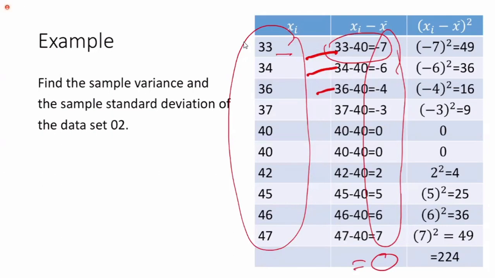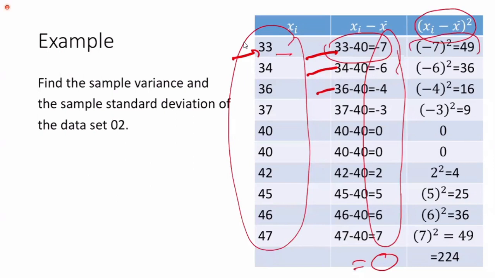Therefore, we will consider another term called square deviation, or xi minus x bar squared. So you need to find the xi minus x bar term first and get the square value. Here for the first element, the square value is what?